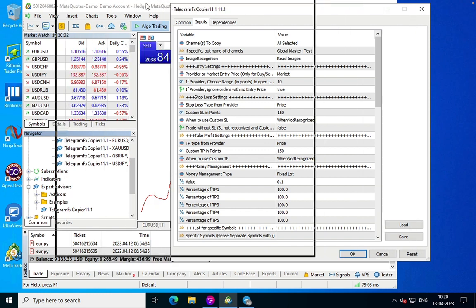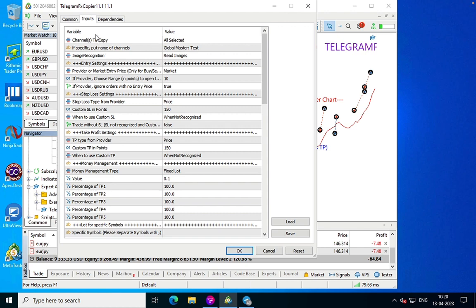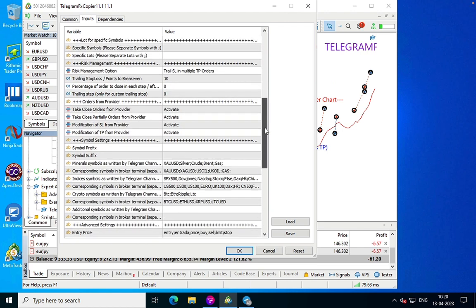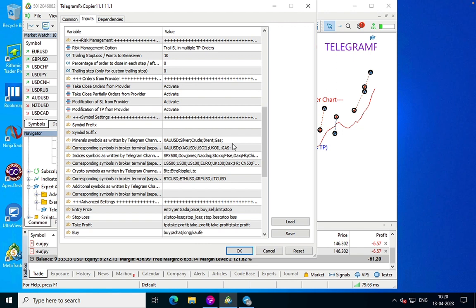So notice here we've got all of these input fields, right? And we're going to talk about the symbols themselves. When you install it for the first time, what you're going to see in this section is mineral symbols as written by the channel that you're following, right? So this is telling it what terms to look for.